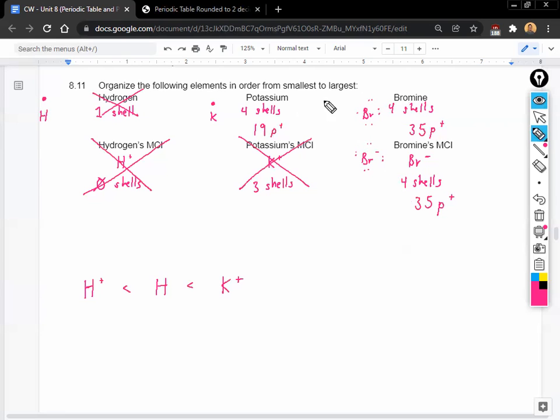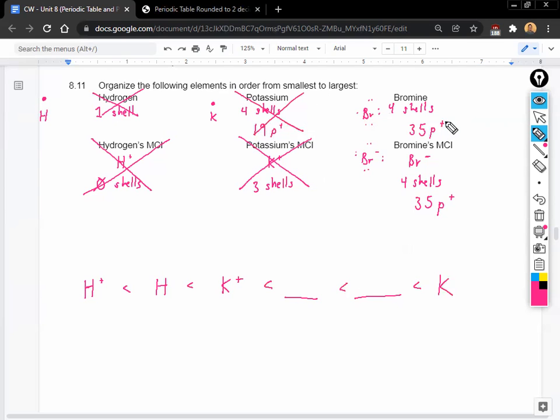Between the 19 and the 35s, which one is smaller? The 35s will be smaller, because potassium has 19, so it's not able to pull in the electrons as much as the bromines. So potassium is going to be our biggest one. We're going to have 2 blanks, and then potassium as the biggest.